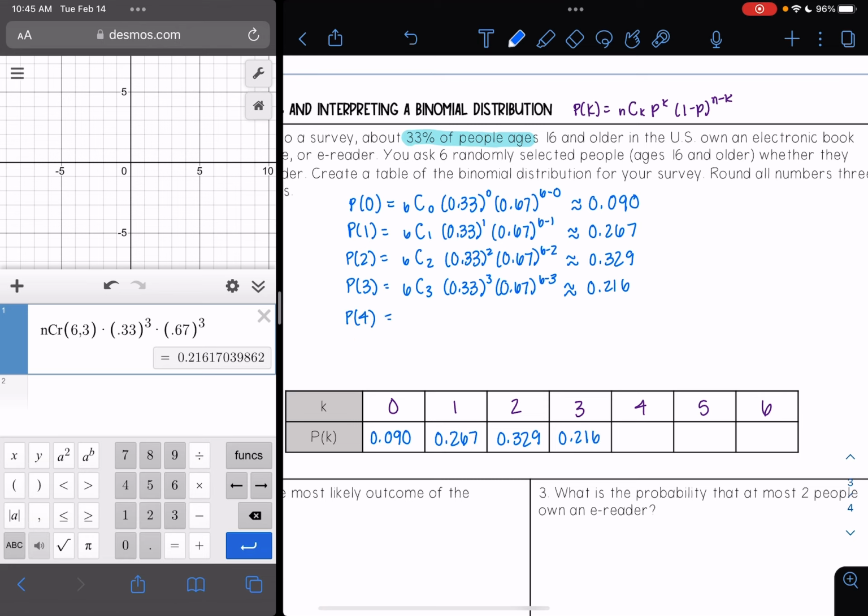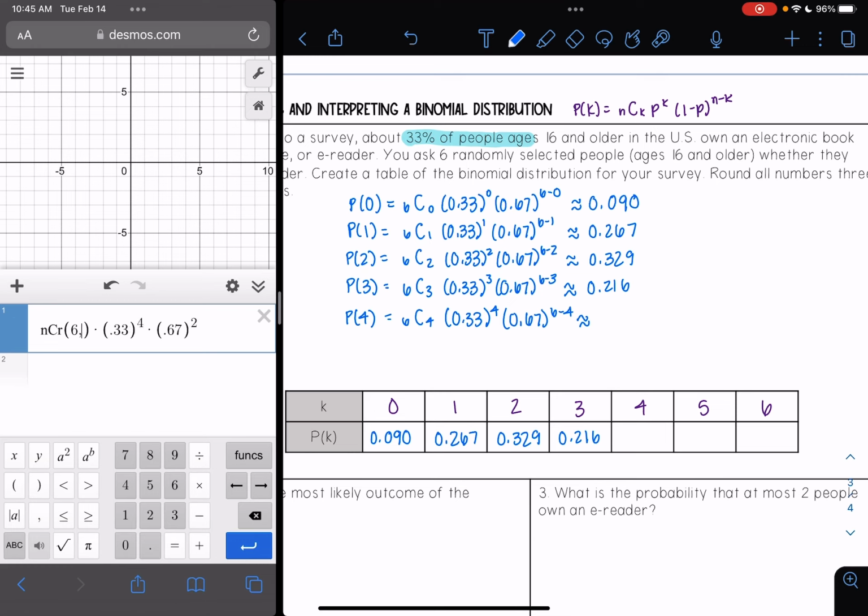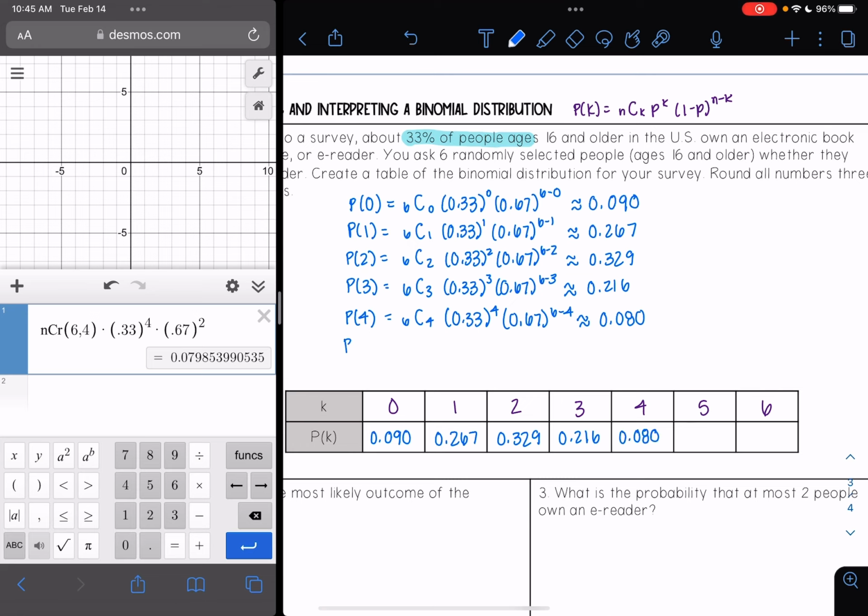The probability of 4 successes would be 6C4, 0.33 raised to the 4th power, 0.67 raised to the 6 minus 4. So 6 minus 4, I have 2. Change this 3 to a 4, and this 3 to a 4, and I get approximately 0.080. The probability of 5 successes is going to be 6C5, 0.33 raised to the 5th, 0.67 raised to the 6 minus 5.